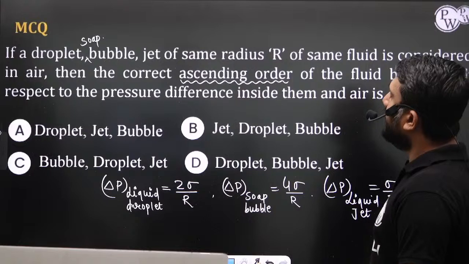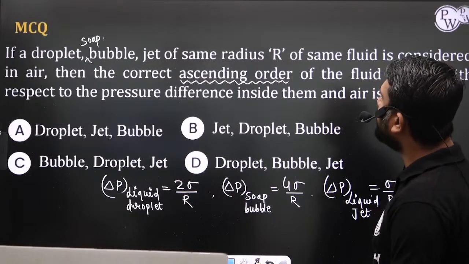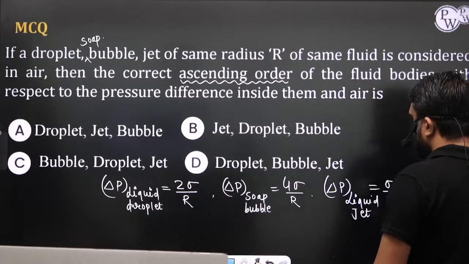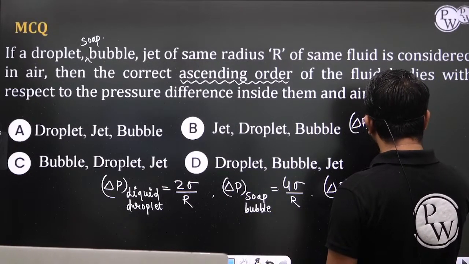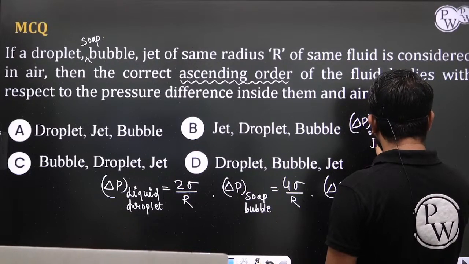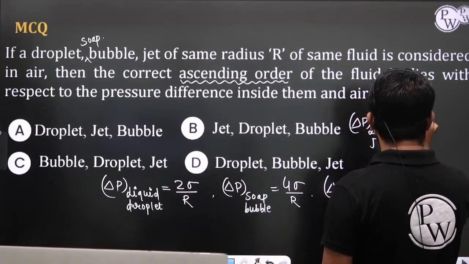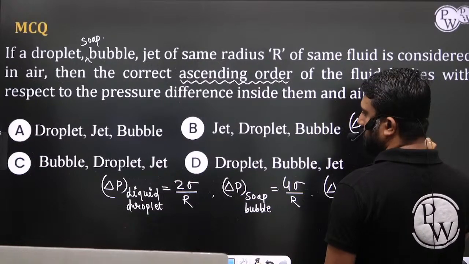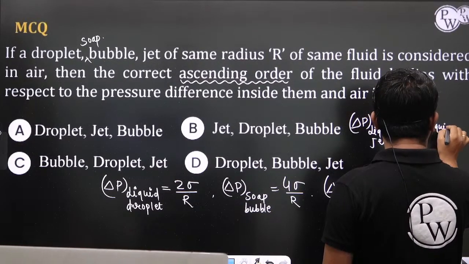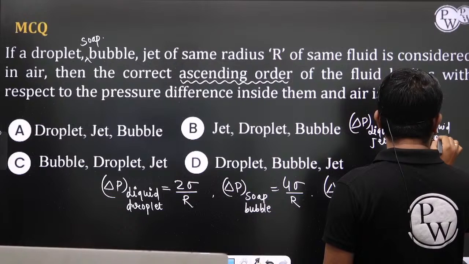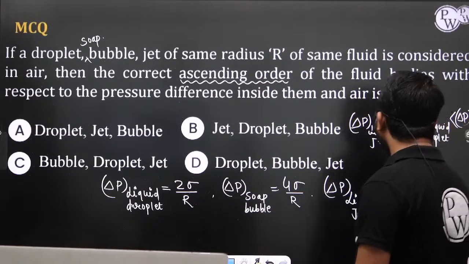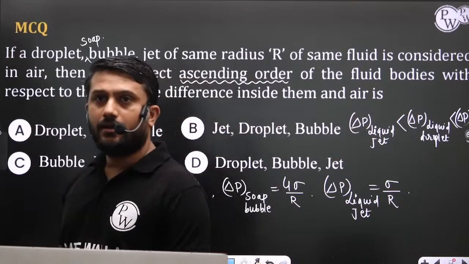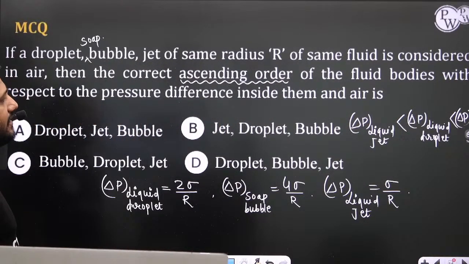In the question, ascending order is asked, that means increasing order. So ΔP of liquid jet first, then ΔP of liquid droplet, then ΔP of soap bubble.